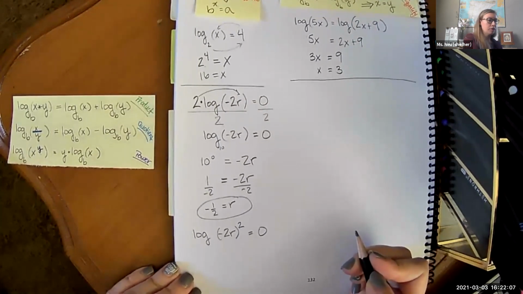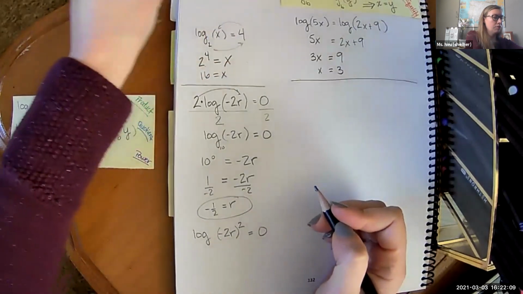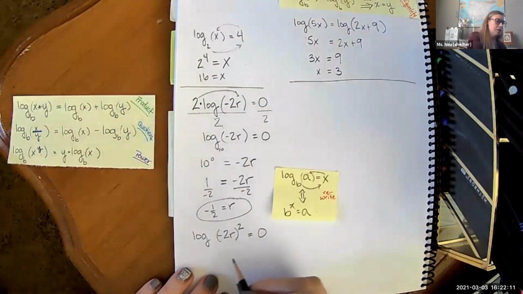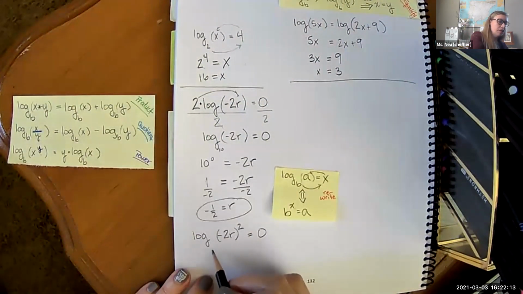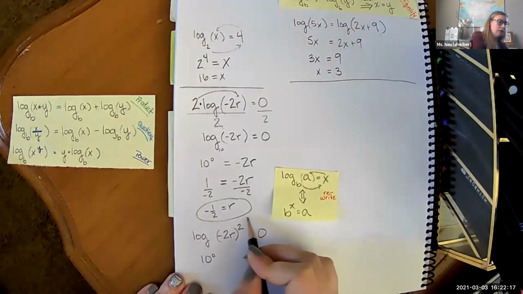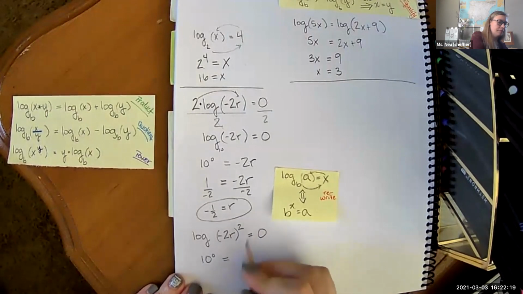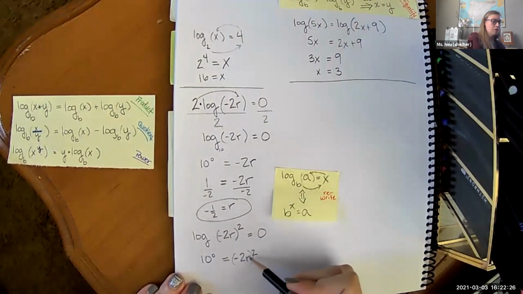Now I'm going to use my rewrite rule again. Bring it down here so we can see it. My rewrite rule, 10 to the power of 0 gets me back to negative 2r squared. Ooh, watch those parentheses. I want this 2 to see everything that's in here.